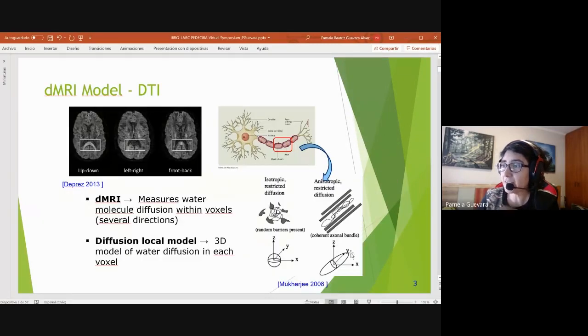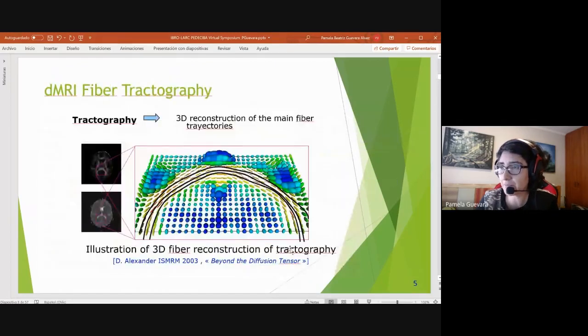That means that if you have a more elongated tensor, you will have more anisotropy. That is the case, for example, of the corpus callosum, where all the fibers are very well packed and all follow the same direction, so you have a high anisotropy.